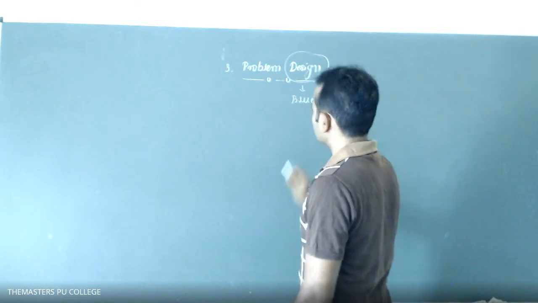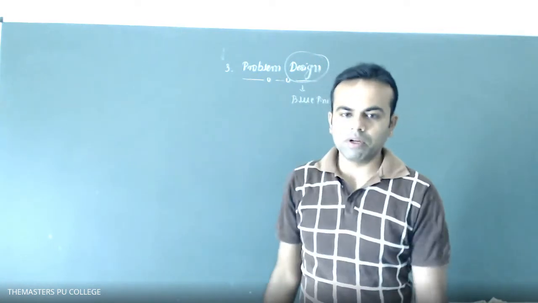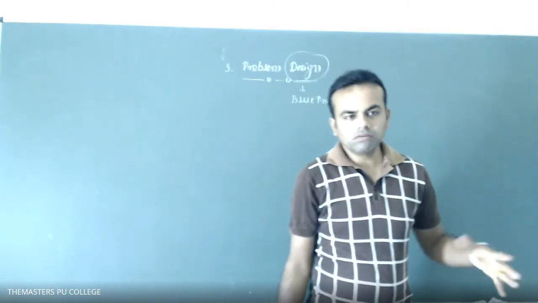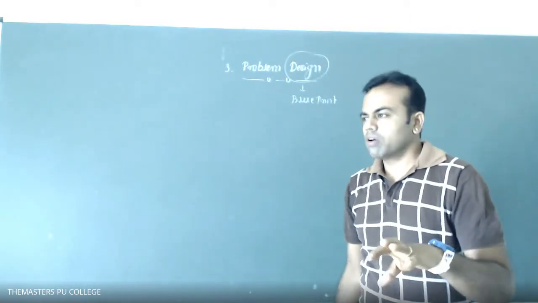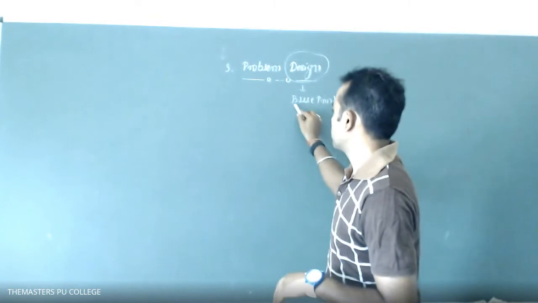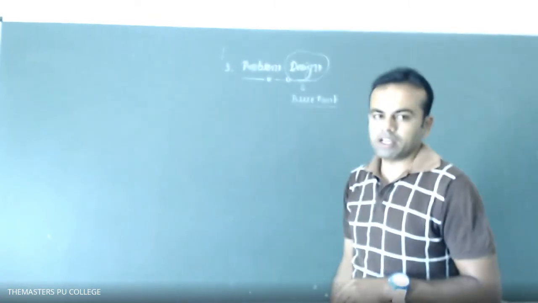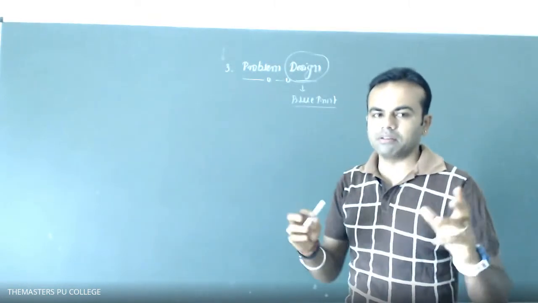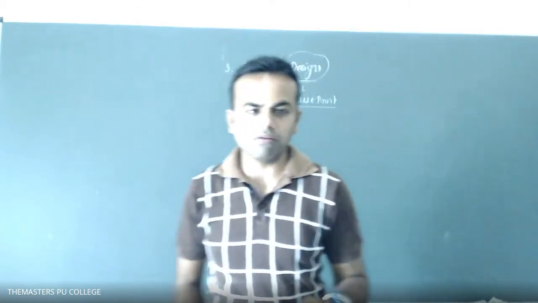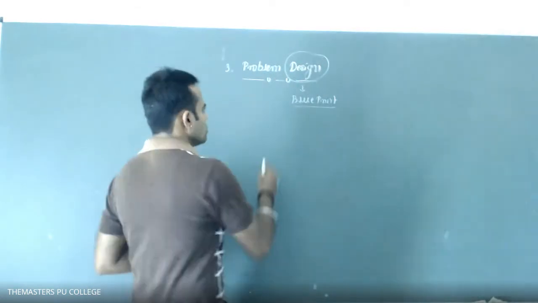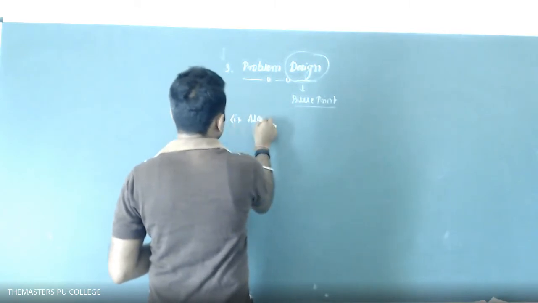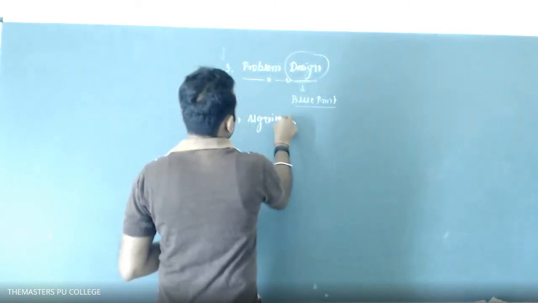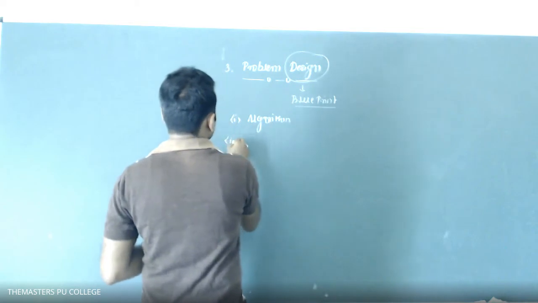So how we are going to solve a problem, or any given error, is a blueprint. It's a blueprint of it, right? Before designing, we have two methodologies of blueprint. Number one is algorithm. Number two, flowchart.